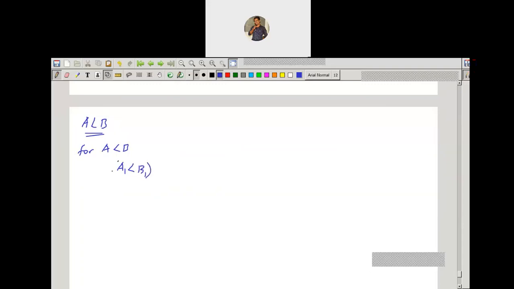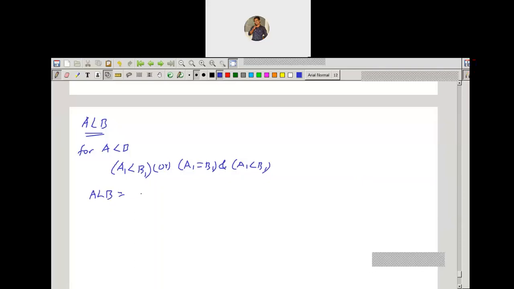So irrespective of A0 and B0, if A1 is less than B1, obviously the value of A is going to be less than B. Or one more possibility, A1 is equal to B1 and A0 is less than B0 also. So in this possibility, you're going to get A less than B.